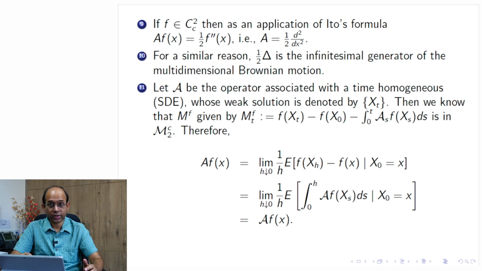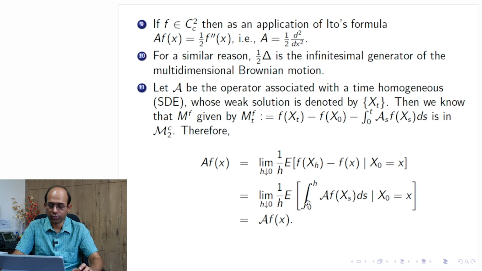Now here we have 1 over h and we want to take the limit as h tends to 0 from above. The same rule applies: we assume f is a function in the domain of A, and not only that, it is nice, giving a continuous function, and these things are also bounded. So we assume all these things.